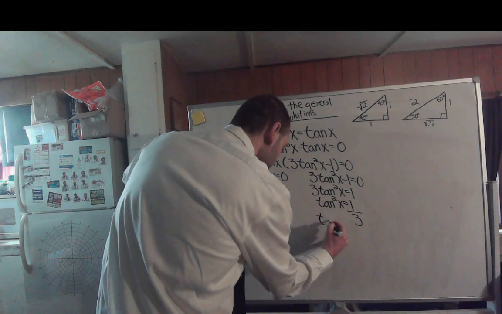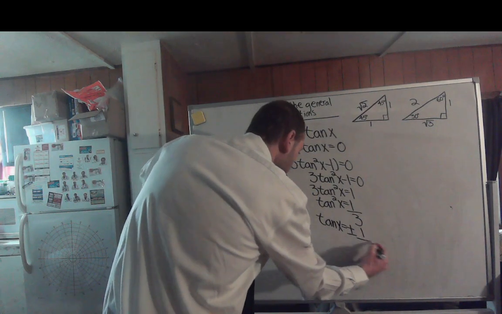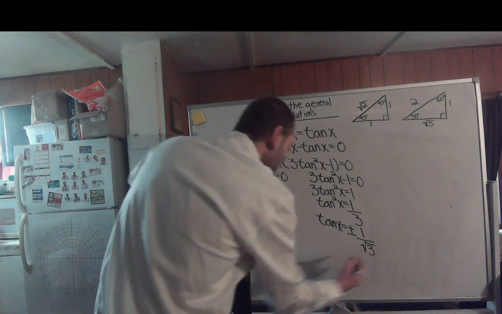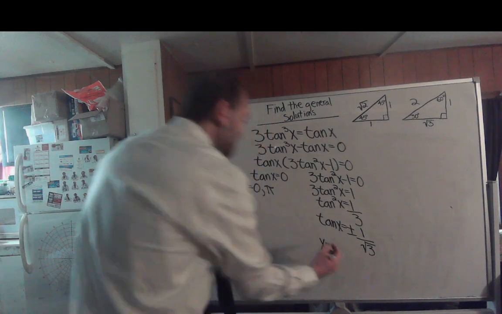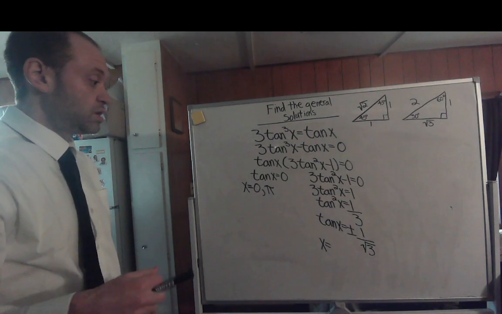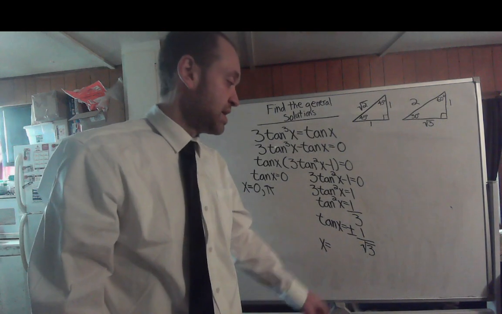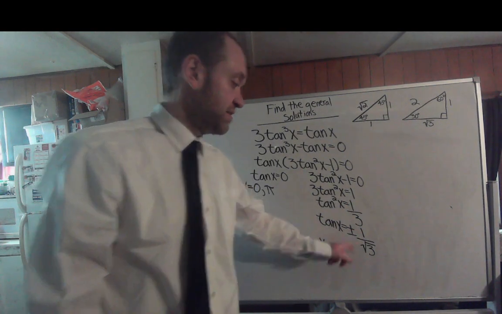So the tangent of x is going to equal both plus and minus 1 over the square root of 3. Now we're considering every possible angle because we have both positive and negative roots.